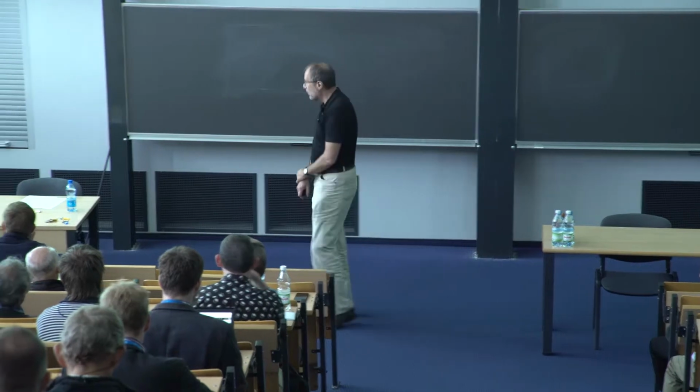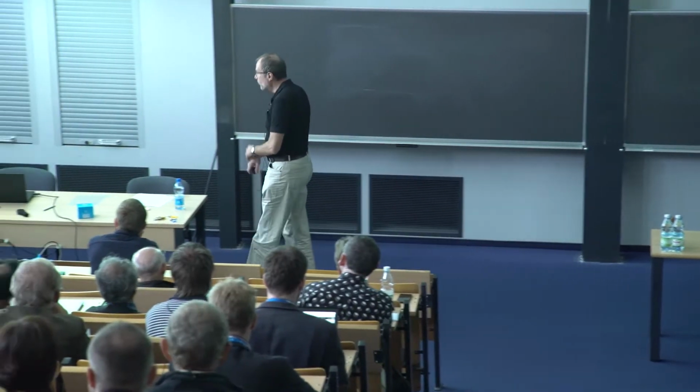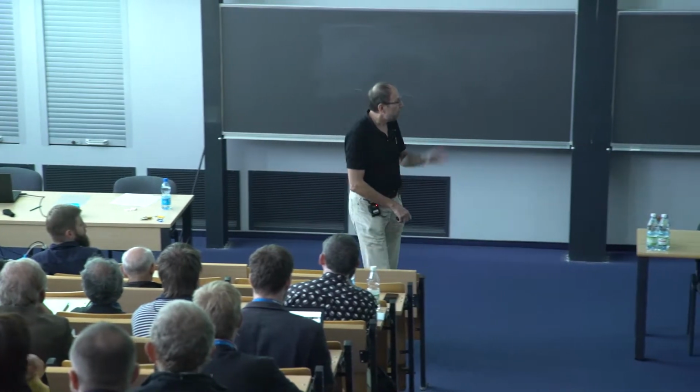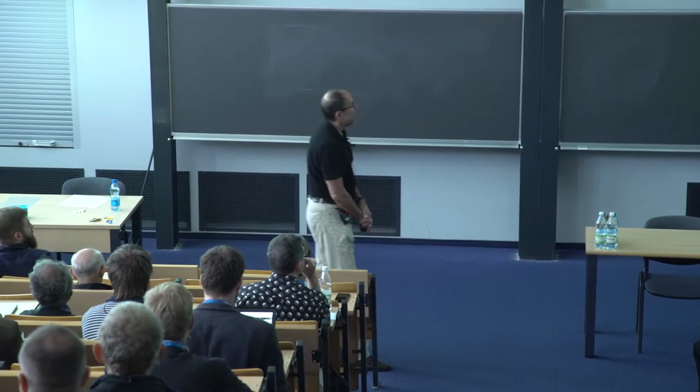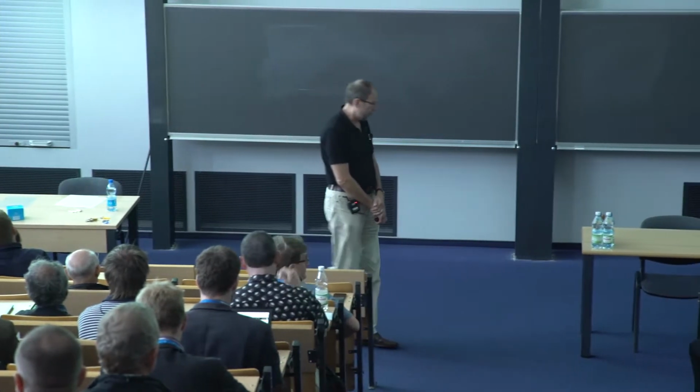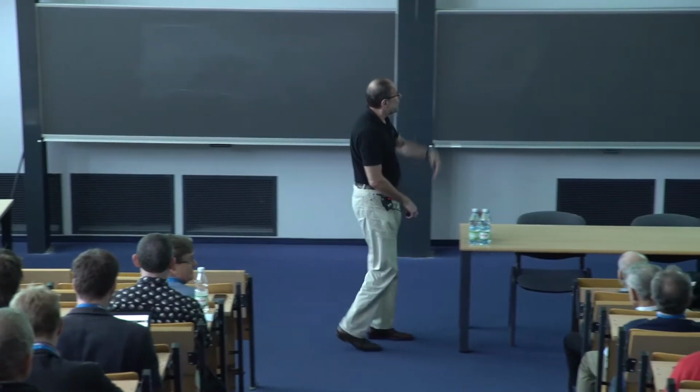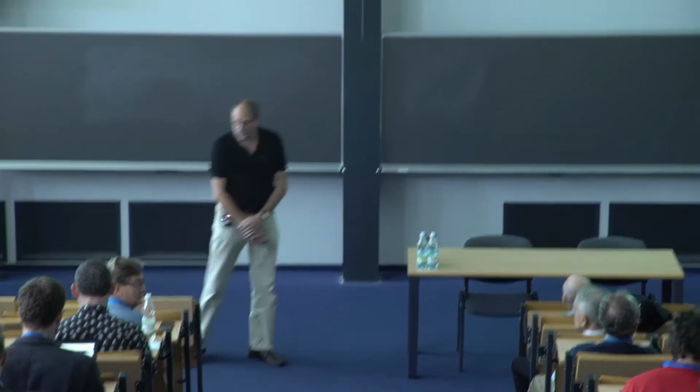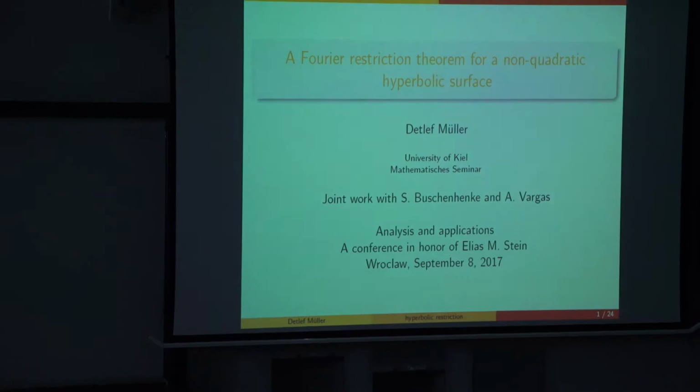And so we'll first briefly review some of the results which are known, and then very quickly specify to a two-dimensional specific hypersurface, which we have recently studied with Stefan Buschenhenke and Anna Vargas, and that's part of a bigger project.